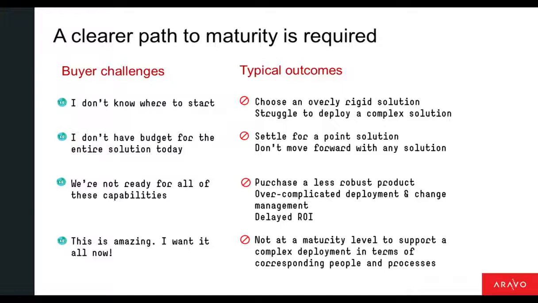So whether it's technology in terms of the solution or a process for the solution, you want to find things that are going to be flexible over time, that can be extended over time and grow with you.